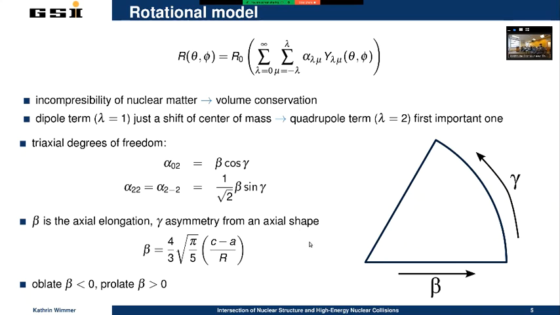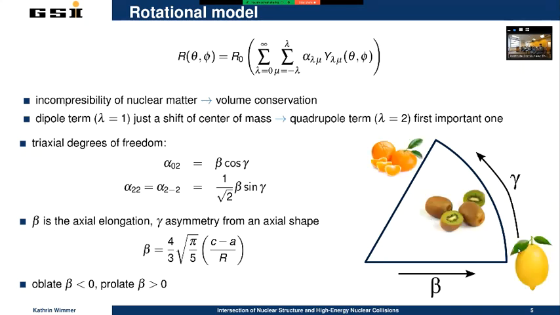And for low energy physicists, this is very common, but maybe not for everybody of you. So we talk about prolate nuclei that are shaped like a lemon, so they have one long axis when the gamma is 0. Oblate nuclei that are squished down have one short axis, like a mandarin orange. They have a gamma of 60. And then nuclei in the middle with 3 axes are shaped like a kiwi.